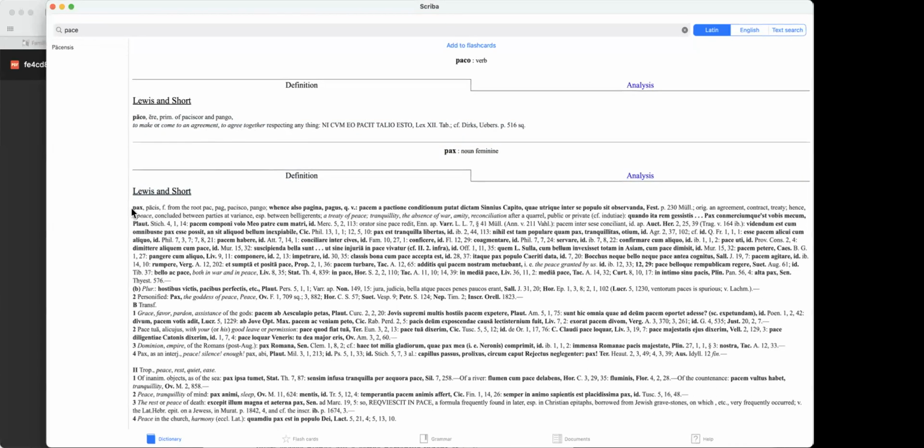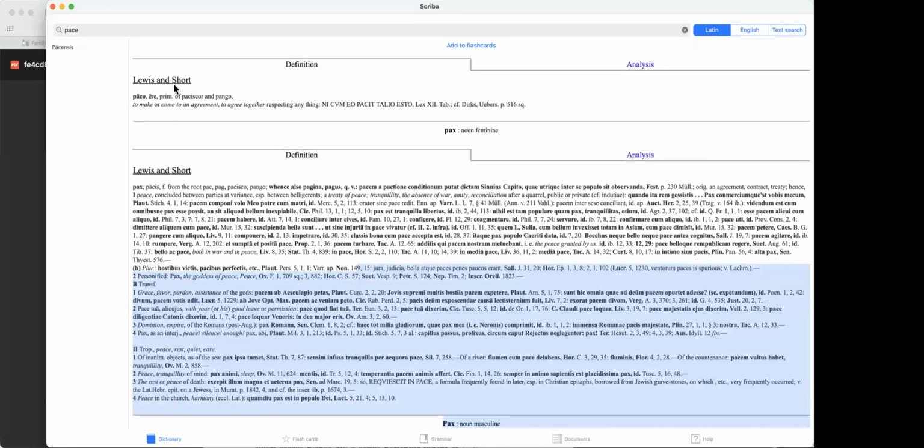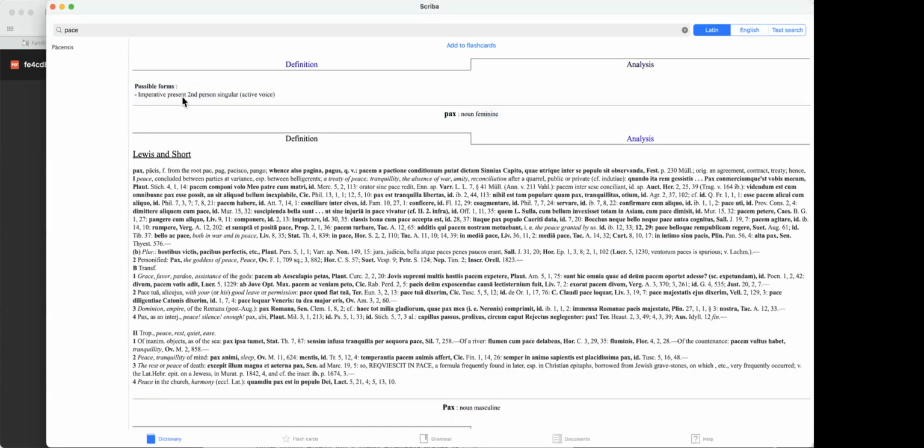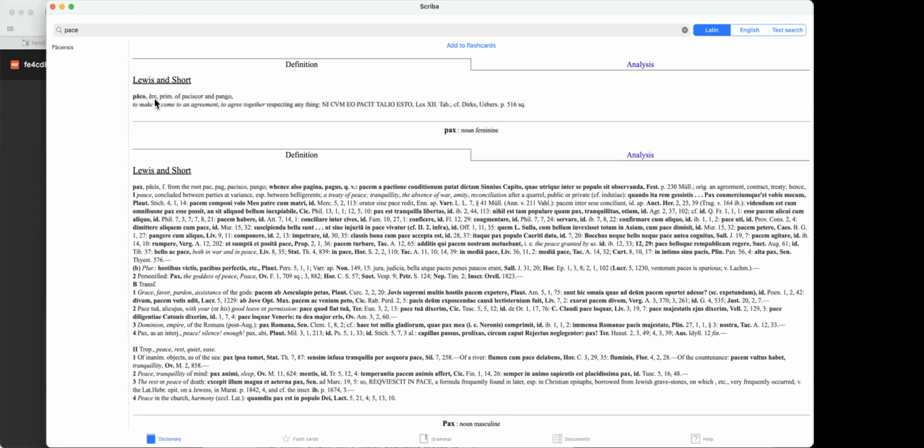You have pax and pacis, which is peace, but pacte is a different verb, paciscor, which means to come to an agreement, to agree together. So it really doesn't mean peace in that sense.